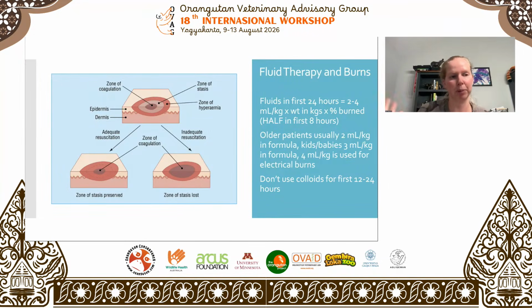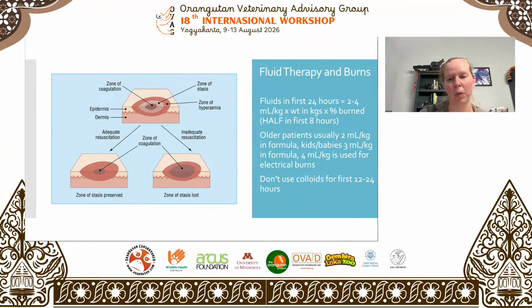So lots of bandages are going to get soaked through with plasma, basically, from this patient. They're just pouring fluid out of their skin because they no longer have a normal skin barrier. And so that means that patients with burns need way higher levels of fluids than you would ever expect.